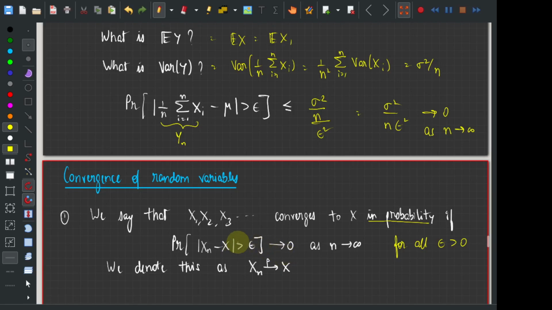Not every sequence of random variables may converge in probability to something. So if it is converging, then definitely. We'll see that there are other notions of convergence. And you can have convergence in some notions, but not others.